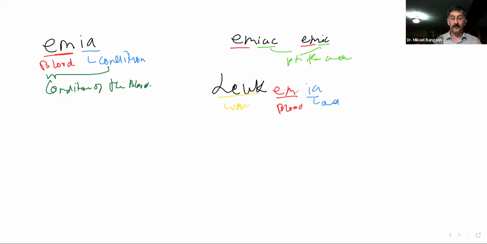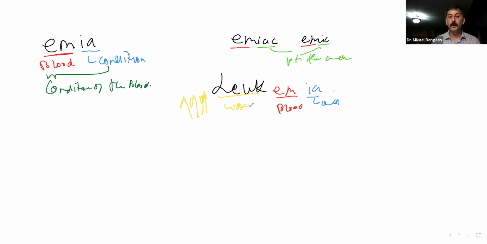But the word itself, leukemia, is a blood condition. Now it's just a matter of what does it mean. As I said, it's a form of blood cancer involving your white blood cells, where we say there is an extremely high count of cancerous white blood cells.